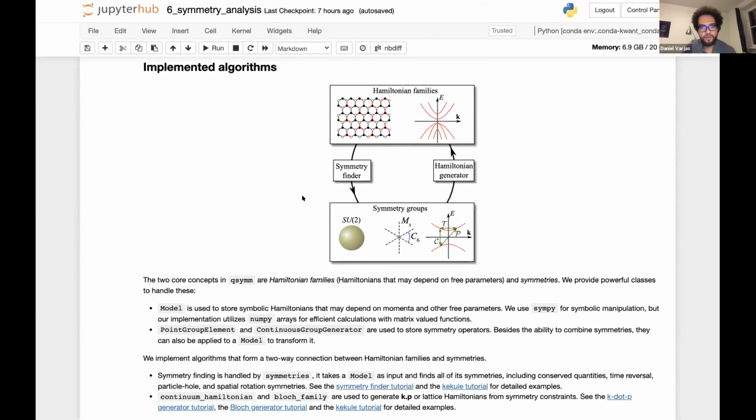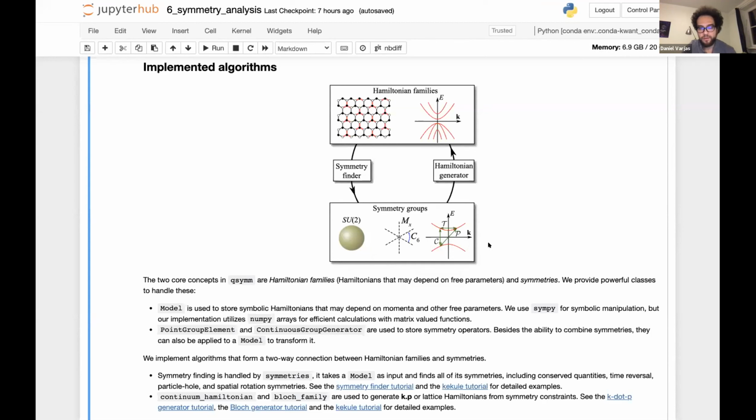And the other core concept are symmetries, and we support continuous symmetries such as spin conservation, spatial symmetries like rotations and reflections, and on-site symmetries such as time reversal or particle hole symmetry.